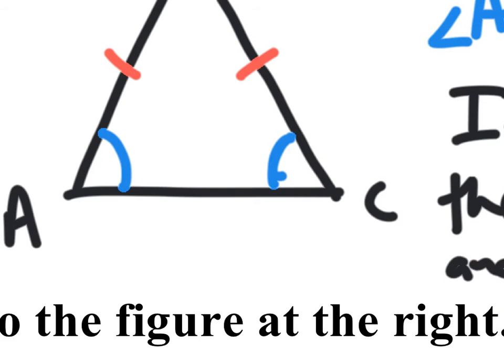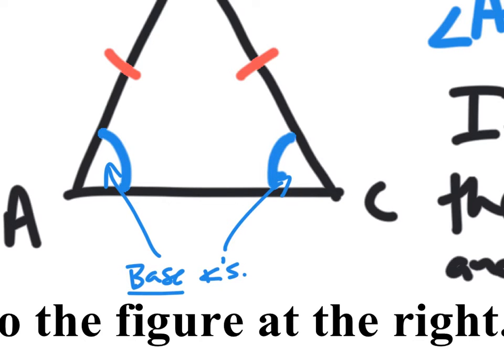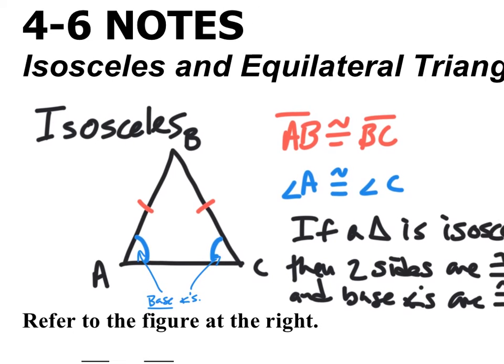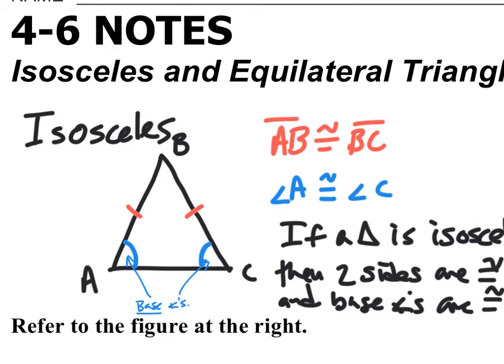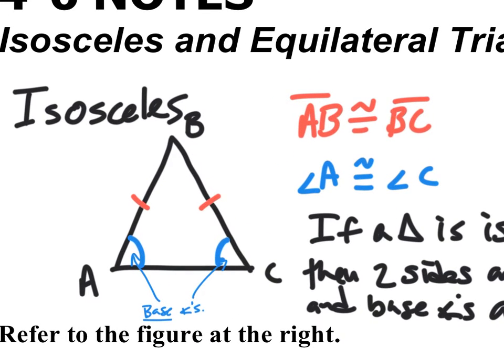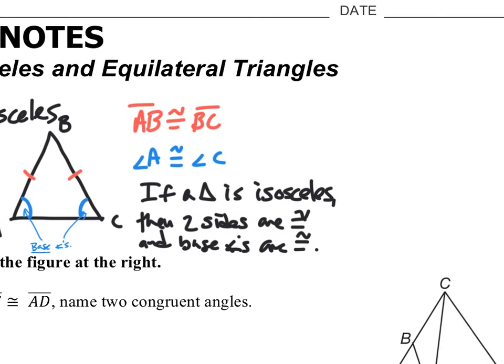These two angles are the base angles. And when I say base, that's really another word for bottom. So whatever sides are congruent, the two bottom angles are the ones that are going to be congruent.